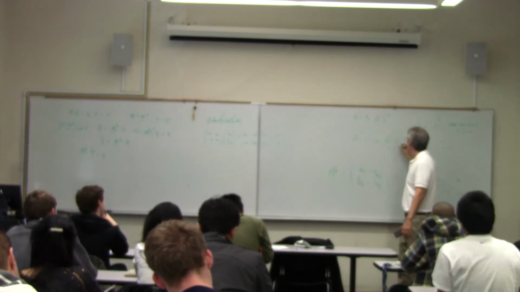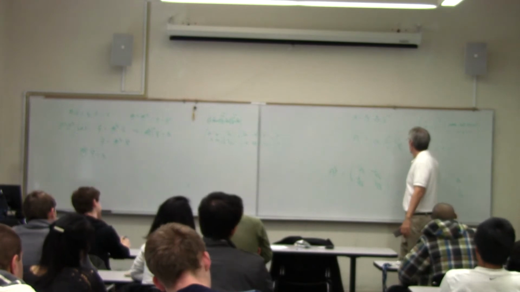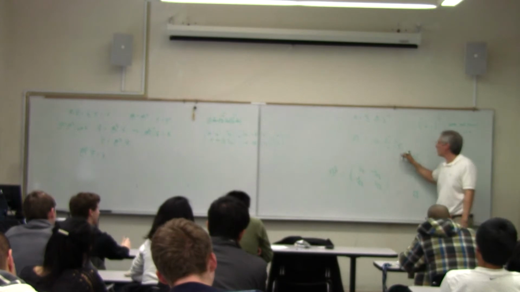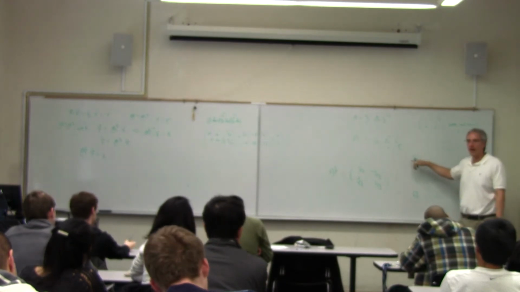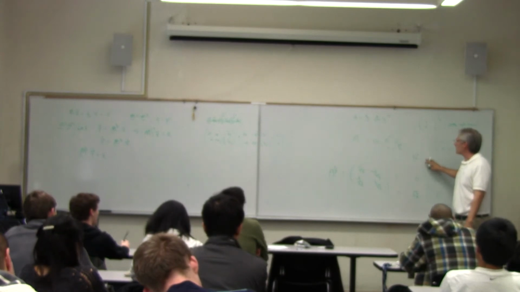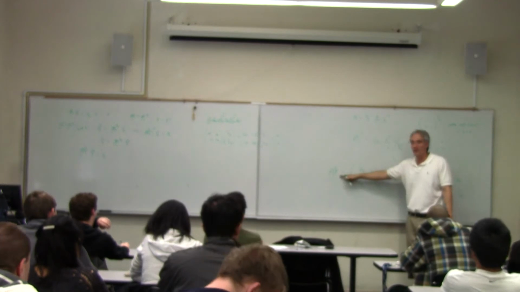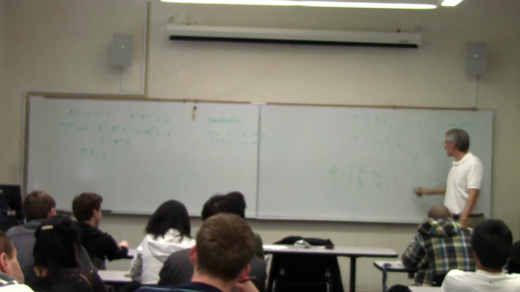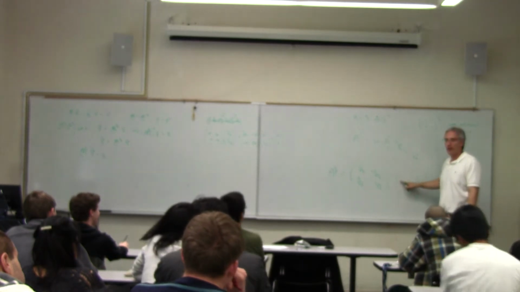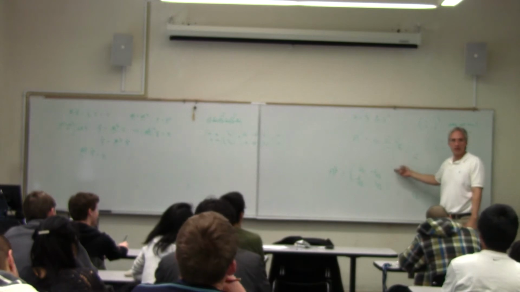Lambda inverse is lambda 1 to the negative 1 power down to lambda n to the negative 1 power. Okay? Or if you prefer, 1 divided by lambda i on the ith diagonal term. Well, it turns out if you take the inverse of the square root of a matrix, that's the same as putting a lambda to the negative 1/2 power on the diagonal rather than a lambda to the positive 1/2 power.